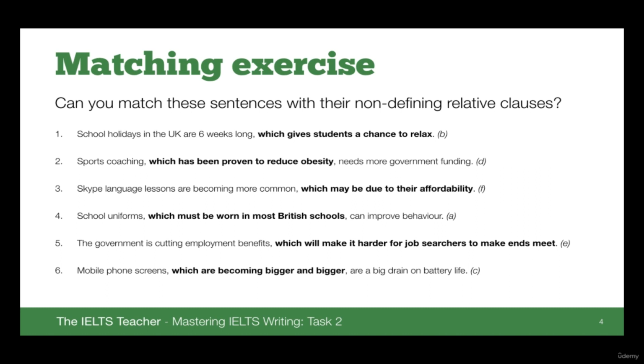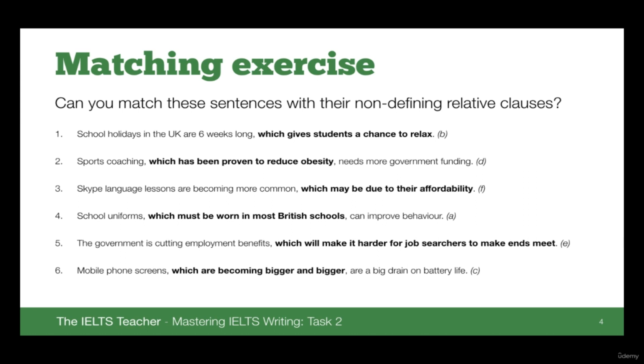We are not trying to give more information about one noun or one subject. We're just giving more information about the whole expression here. Contrast that with number 2, where we're just giving more information about one noun, sports coaching. Sports coaching, which has been proven to reduce obesity, needs more government funding.